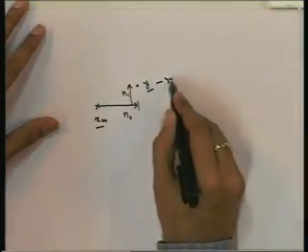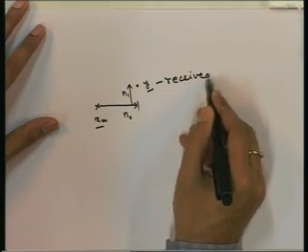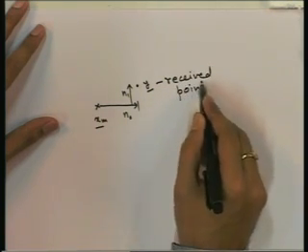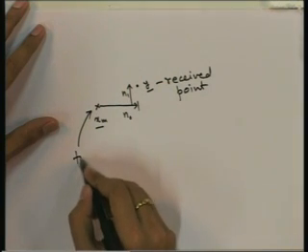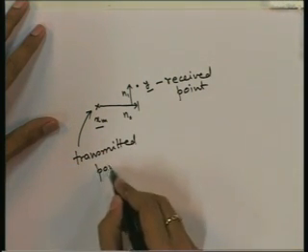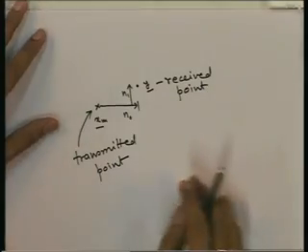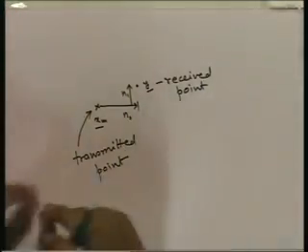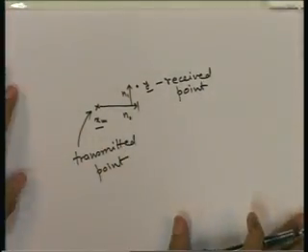So, this is the receive point, this is the transmitted point. So, noise, the noise vector deflects the transmitted vectors.